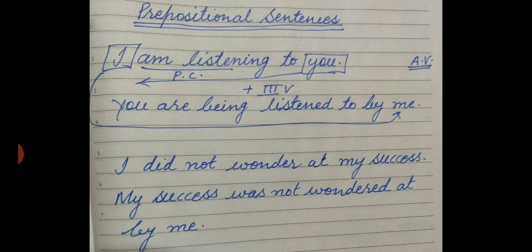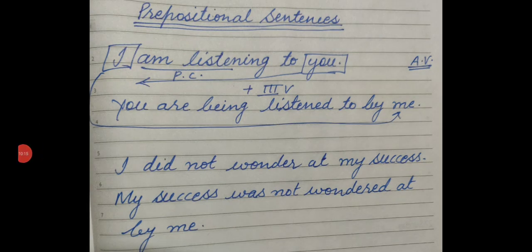When we are to change it into passive, we are to take the object of active as the new subject, you. According to you, which helping verb? Are. To change present continuous into passive, being. Then third form of verb, listened, and to will come as it is. So, you are being listened to by me.